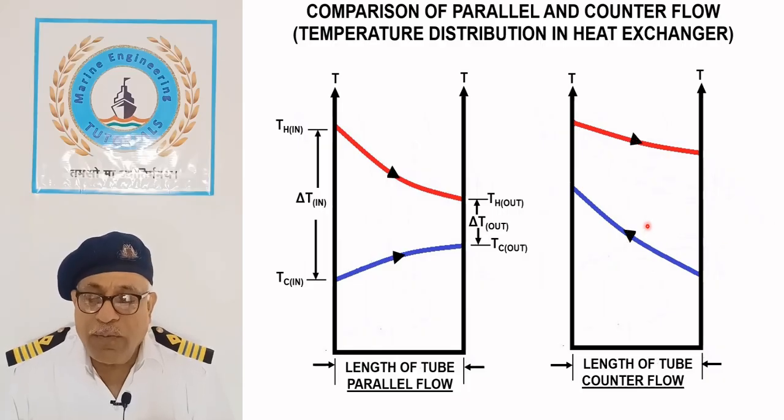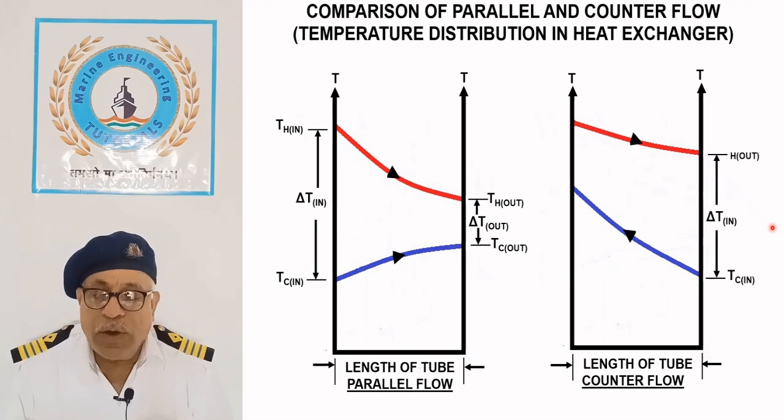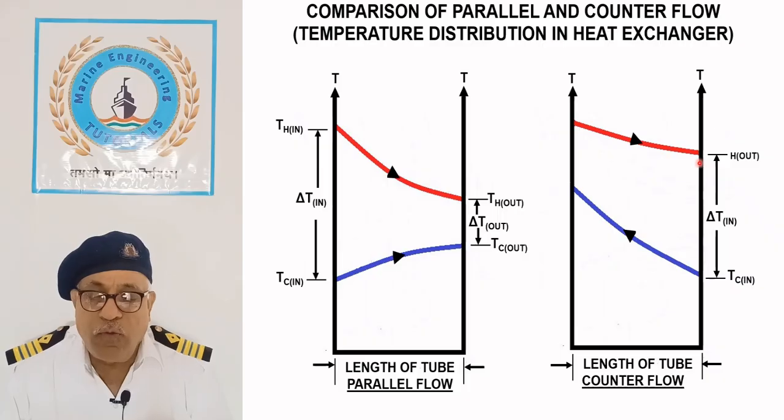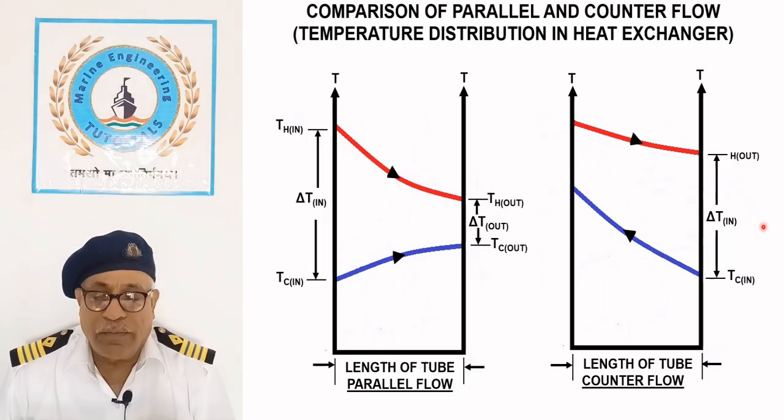In a counterflow arrangement, the two fluids move in opposite directions. This configuration produces a more uniform temperature gradient, resulting in improved overall heat transfer efficiency, a more consistent rate of heat transfer throughout the heat exchanger, and reduced thermal stresses across the system.